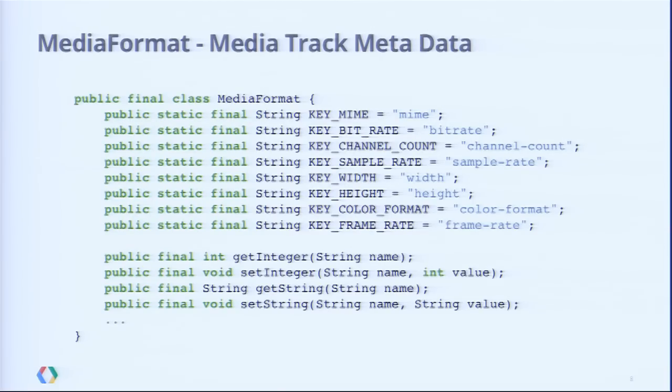In addition to that, it also makes available a bunch of setter and getter methods so that you can find out the value or modify the value associated with a given key. For example, if you want to find out an audio track's number of audio channels, you can just provide the key channel count to find out the value for the number of channels.